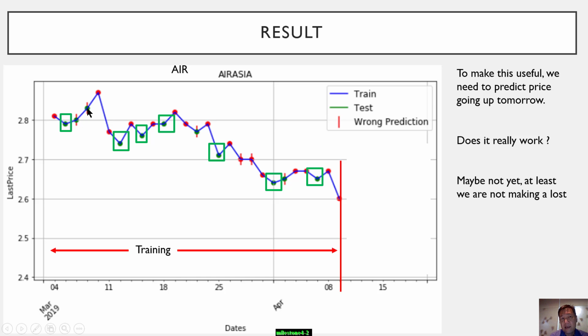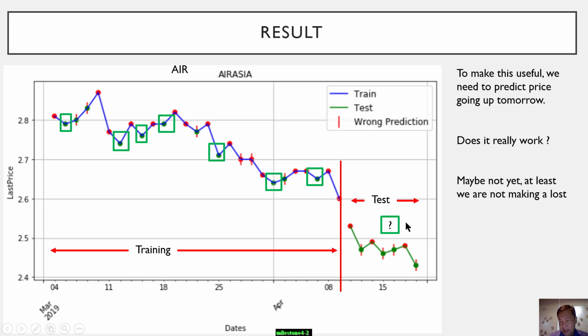The price went up the next day. So that is fine, because if the price is predicted to go down tomorrow, we didn't invest, so there's no loss incurred for the false negative. But what we are more interested in is the true positive rate here, right?